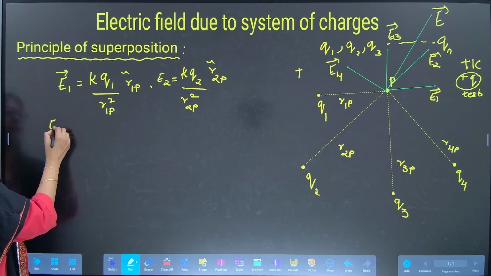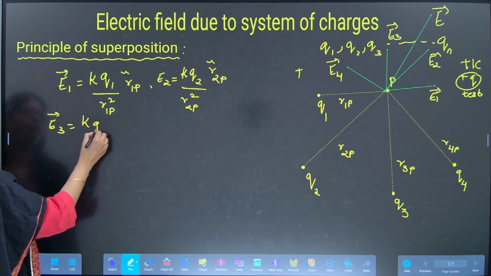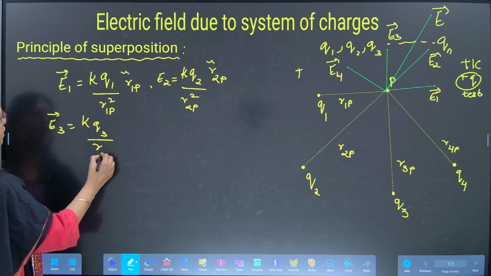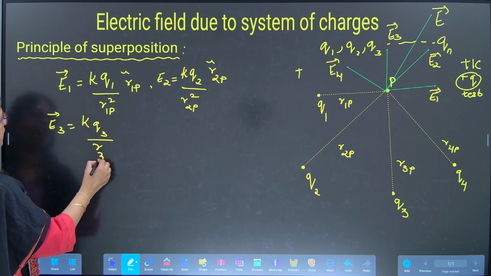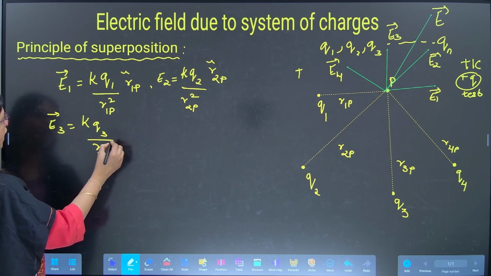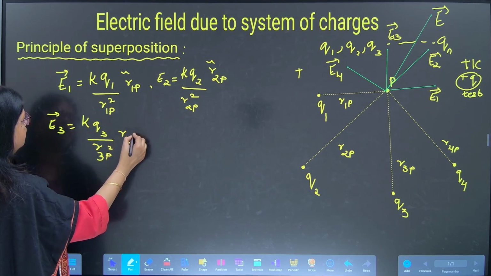E3 is equal to K Q3 upon R3P square, R3P cap.